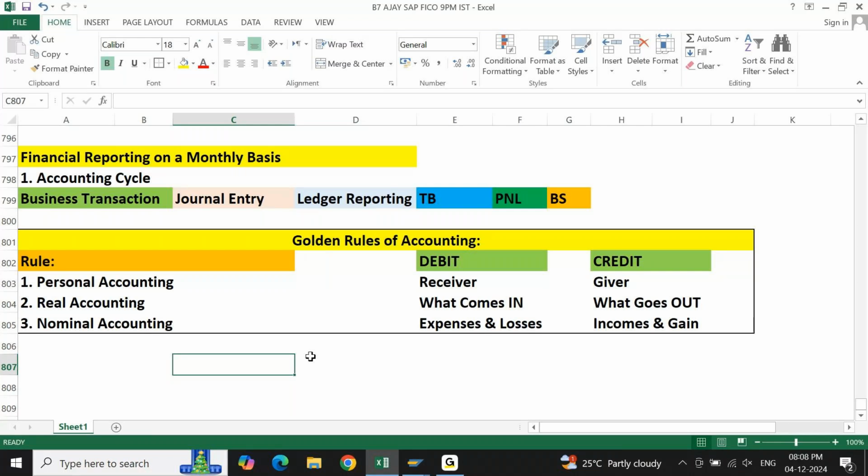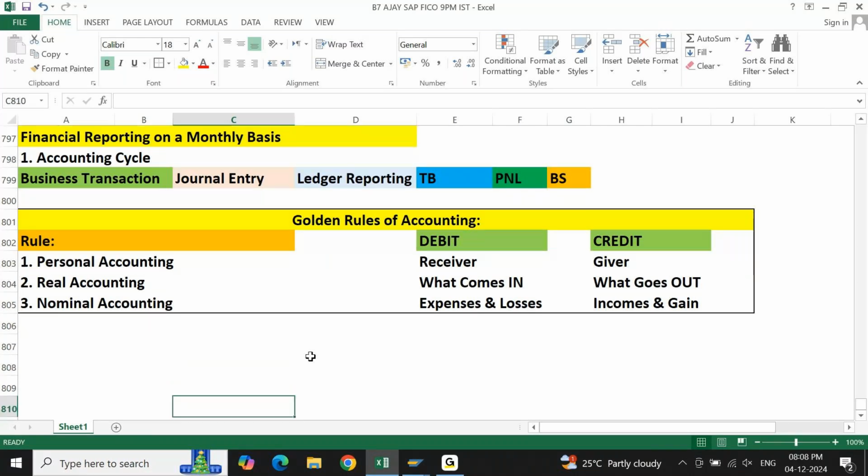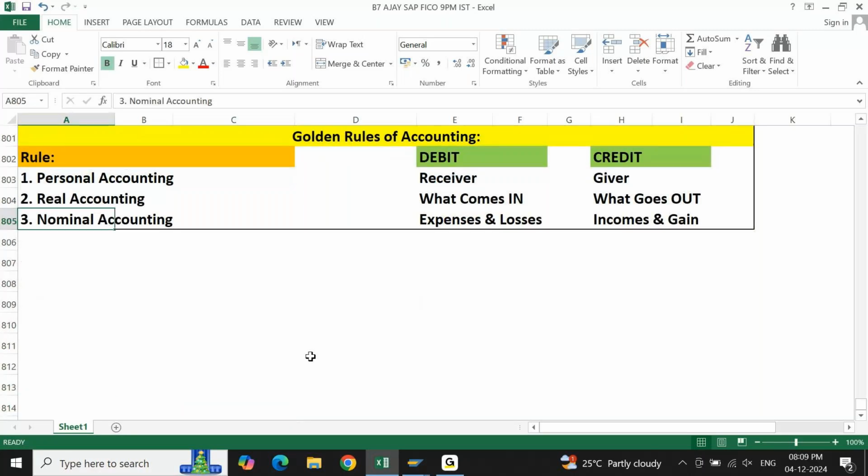For example, if I write one or two accounting entries just to make you feel comfortable, let's say first point, rent debit, cash credit. Why are we debiting rent? Always debit all expenses and losses.